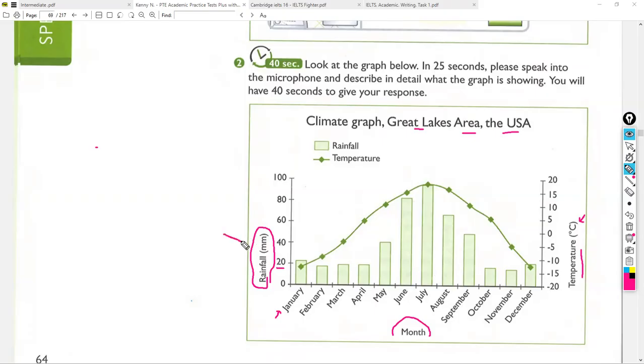Ali, this is the amount of rainfall, the amount of rain, the amount of water, in millimeters. And this is temperature, so we have minus 20 to plus 20.